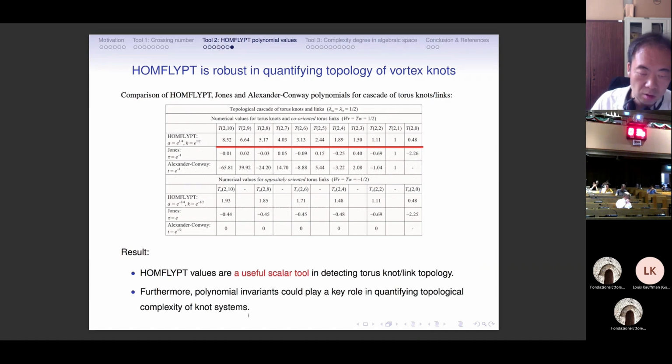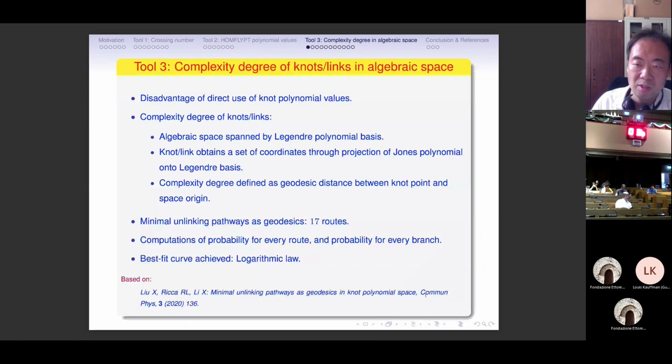Furthermore, polynomial invariants could play a key role in quantifying topological complexity of knot systems. So far, it's good, but we still have some more dream.